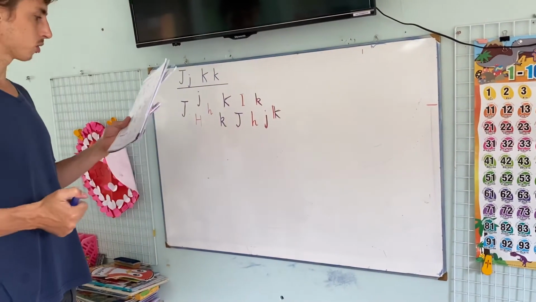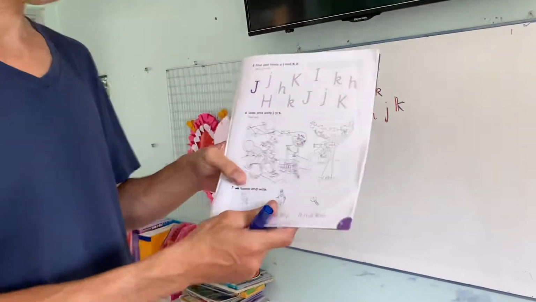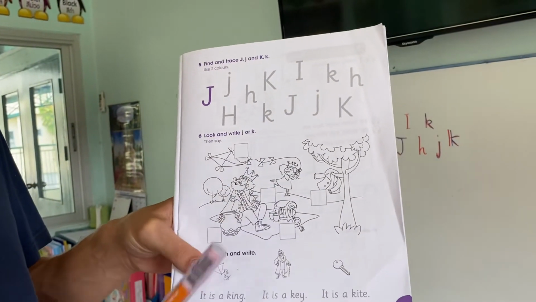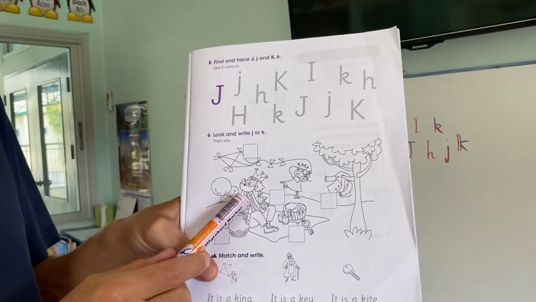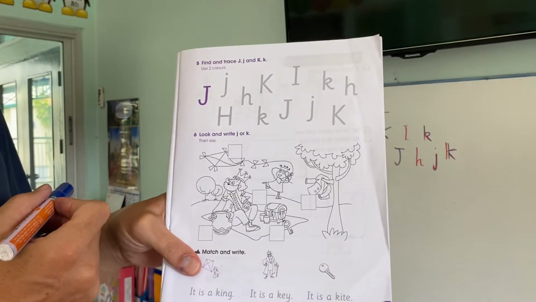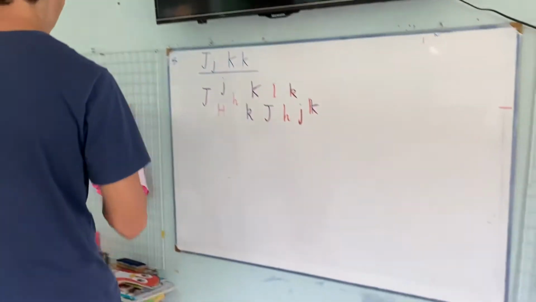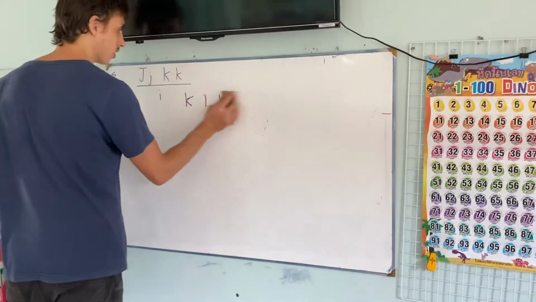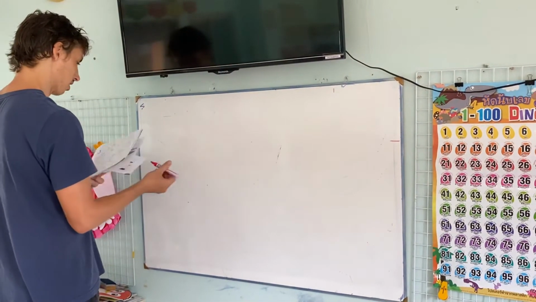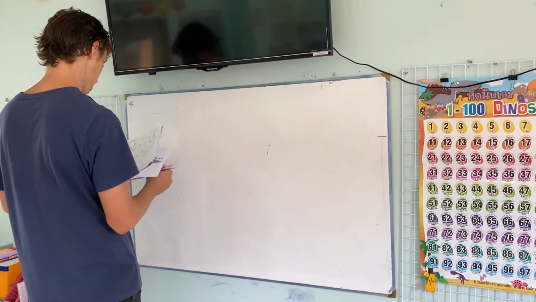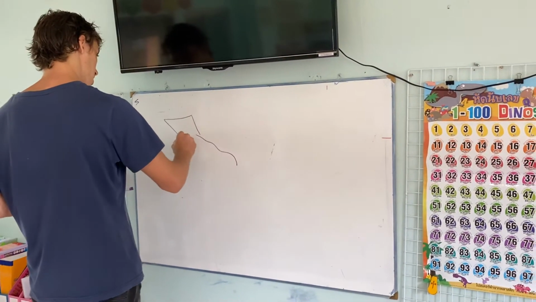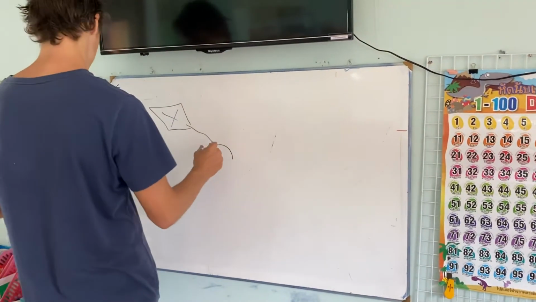Okay, and then the next one, what do we have here? So for this one, you have to look. For example, this one is king. So here we have to write K. Okay, so let's draw it and let's see. So this will rub out. And here we have the girl with the kite, right? So remember, this is kite.